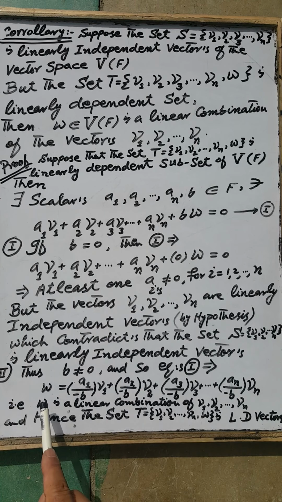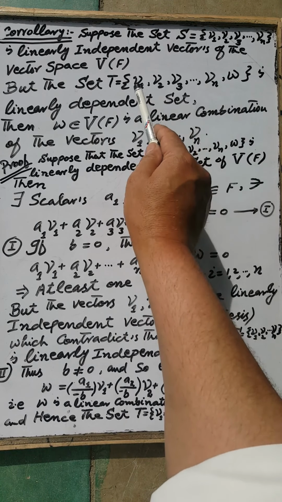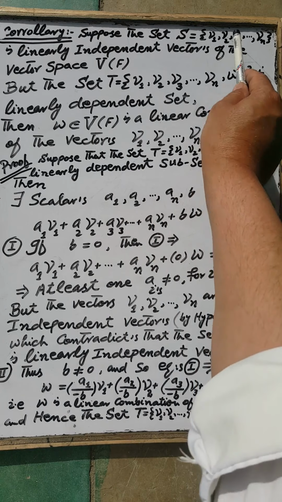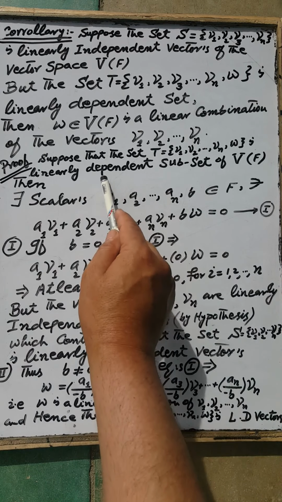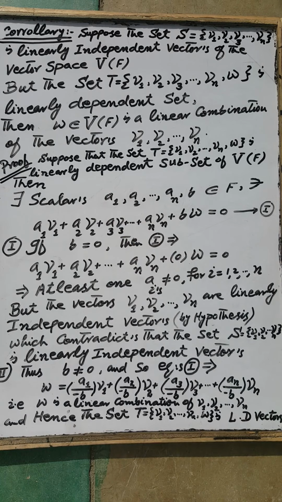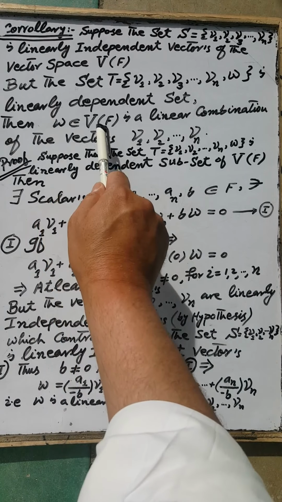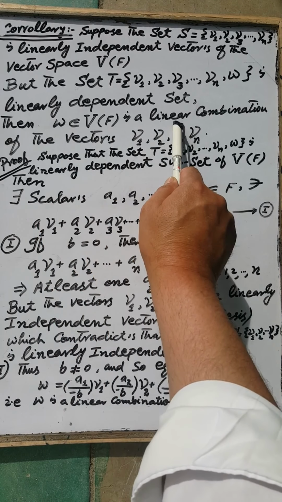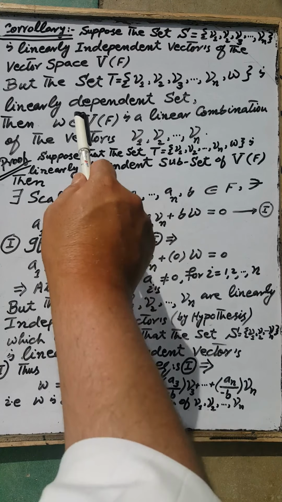Therefore, w can be written as a linear combination of the remaining elements v1, v2 up to vn, which are the elements of the set S. Thus, w is a linear combination of the vectors v1, v2, vn, and hence the set T is linearly dependent, which is our required result. That is, the element w of the vector space V over the field F is a linear combination of the remaining vectors v1, v2 up to vn, which is required.